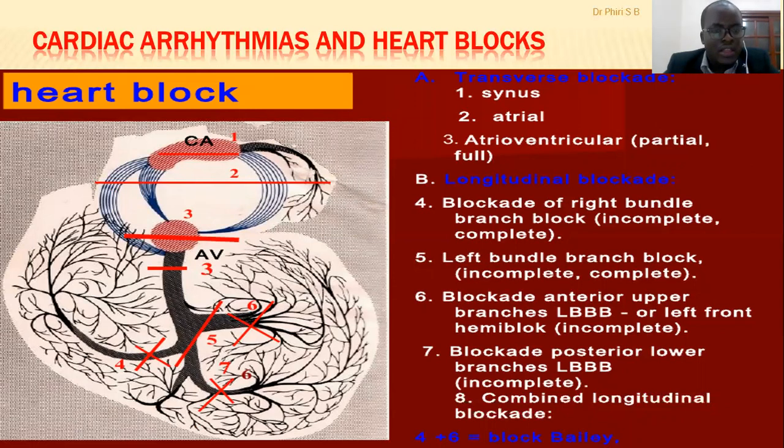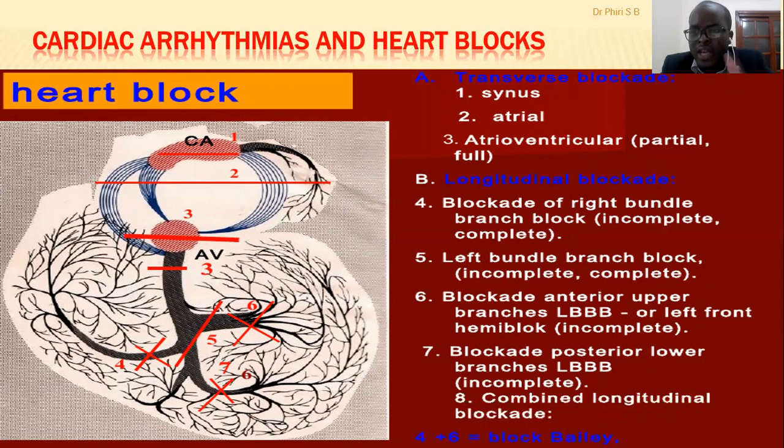So the longitudinal ones, you can see here that you have one shown in 4 here. This 4 is called a right bundle branch block, meaning that, you know to say, the bundle of His is going to divide into 2.